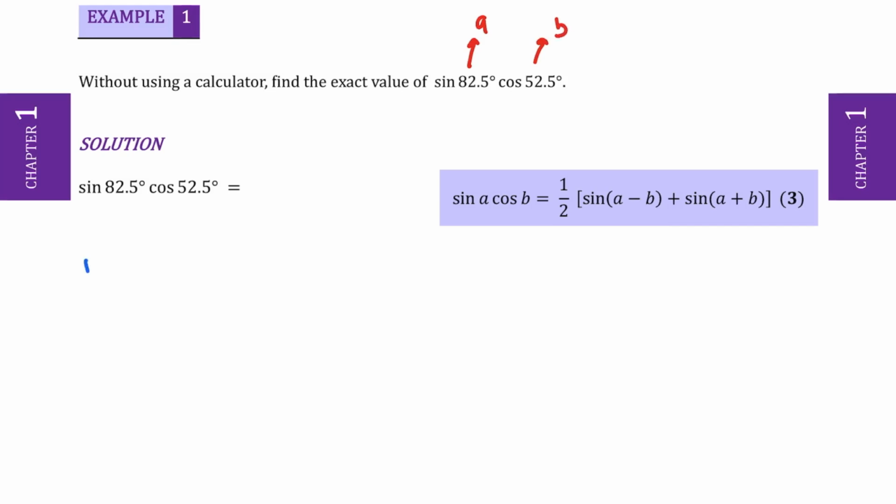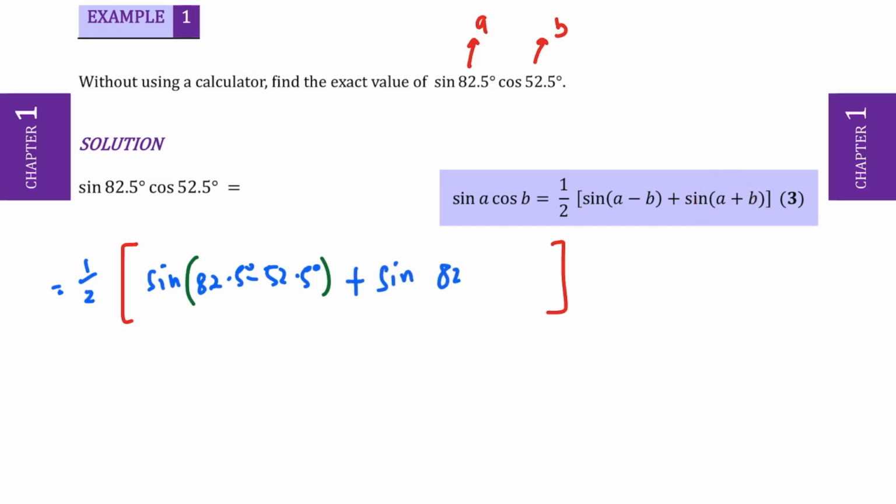Now let's use the formula. This is 1 over 2 and put a bracket there. Inside is sine A minus B, so 82.5 degree minus 52.5 degree, and continue with the formula plus sine A plus B.